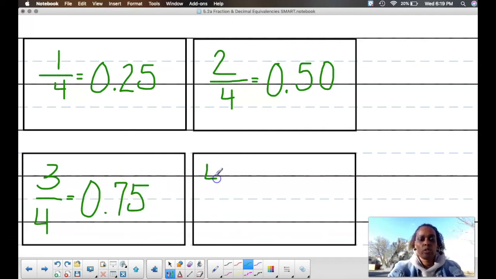And 4 quarters, 4/4, is equal to 1 whole dollar.